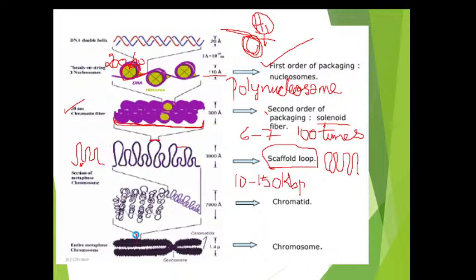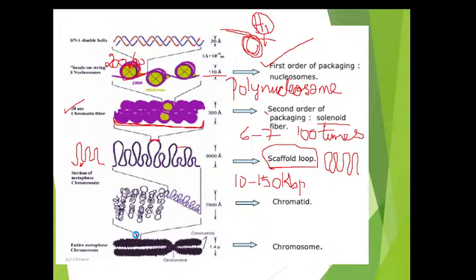This is about the packaging of chromosomes. With the help of histone proteins and non-histone proteins, the long chromosome is packed inside a small nucleus which has a small diameter. Which are the different levels? The basic level is the nucleosome.